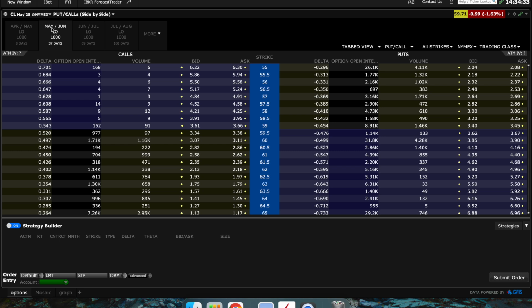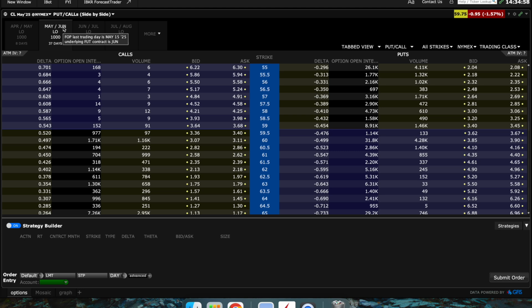So we can see we have May and June. If you hover over it, we can see that the FOP, the futures options last trading day, is May 15th, which means this option is going to expire on May 15th, which is 37 days from this point. And the underlying future contract expiration is June. So the expiration for the future itself is going to be June.